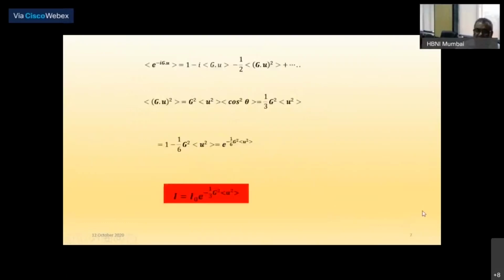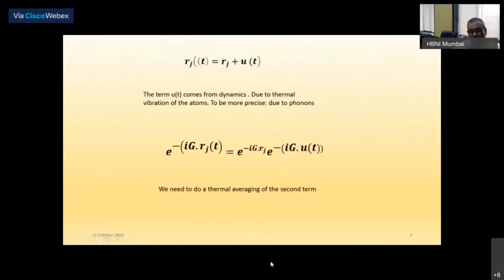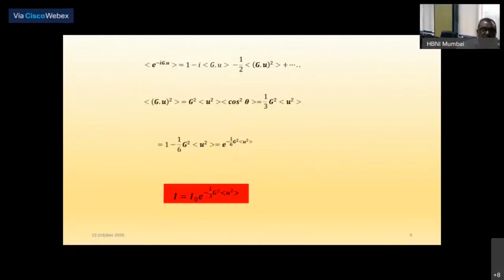Now, the simple trick I will do, all of you can do this. I need to do a thermal averaging of e to the power minus i G dot u. G dot R_j does not have any thermal average. It is u which needs to be thermally averaged.